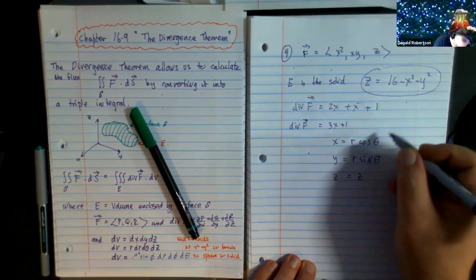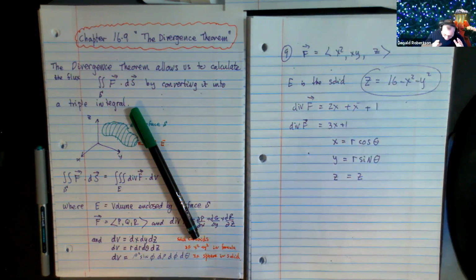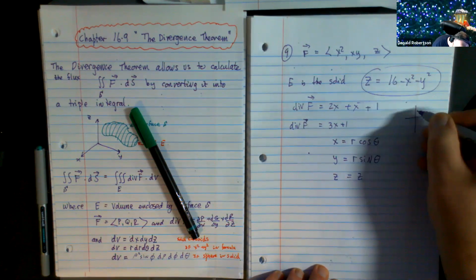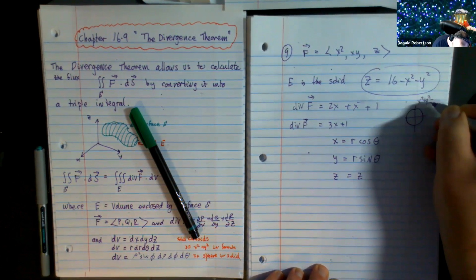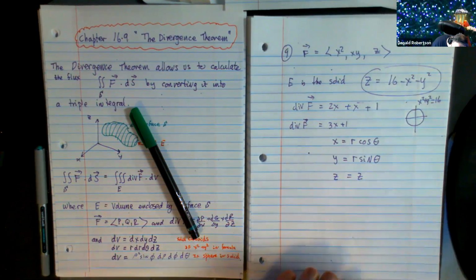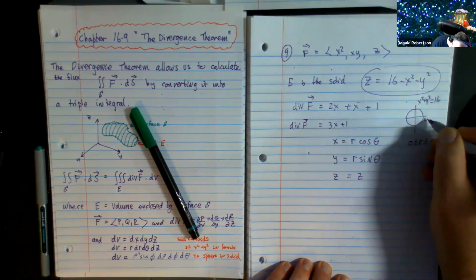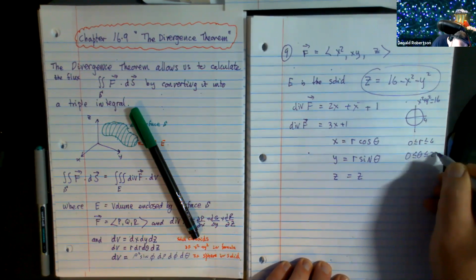Now, what do I have? Well, if you look at this shape and you're trying to figure out what it looks like, don't you drop it to the floor, the XY plane? Good. And if you drop this to the XY plane and rearrange a little, isn't it x squared plus y squared equals 16? So that tells me that r is going to go from 0 to 4 and theta is going to go from 0 to 2 pi, right?